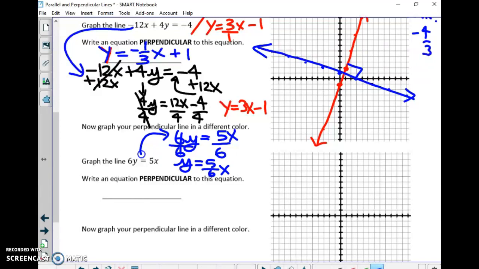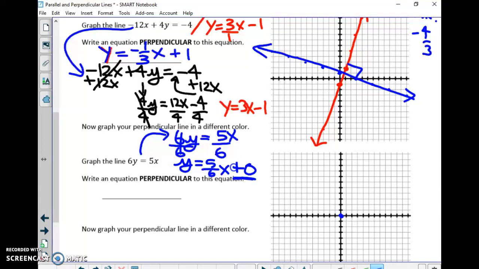So if there is no b, then that b is going to be 0. So if my b is 0, I'm going to write it right there. So that's not in the equation, but we write it so we know that when we graph our b, it's going to be at the origin, right? So at the origin, 0 on the y-axis, 0, 0 is the point.